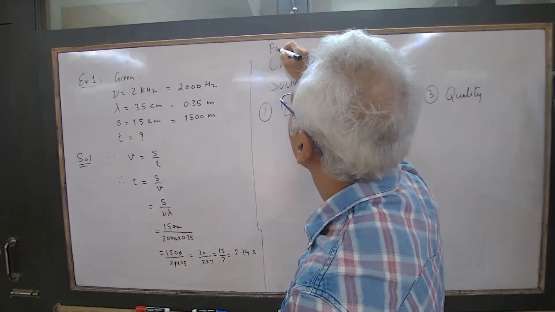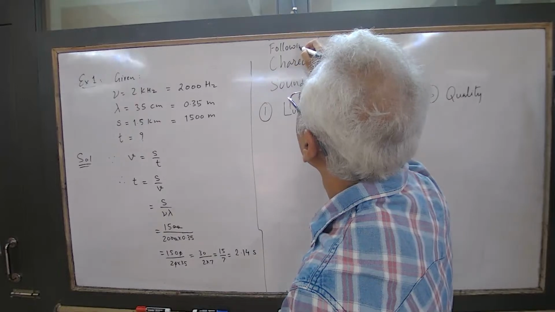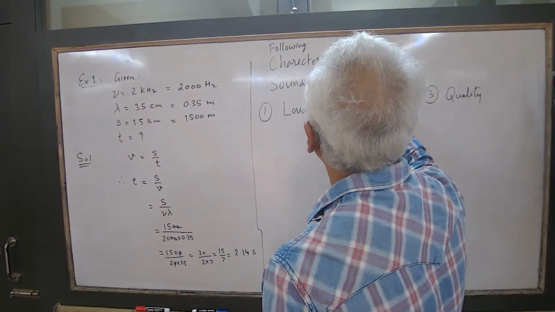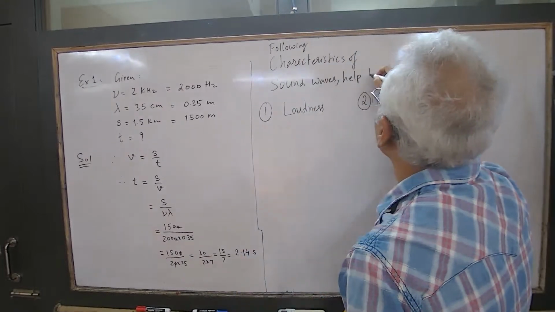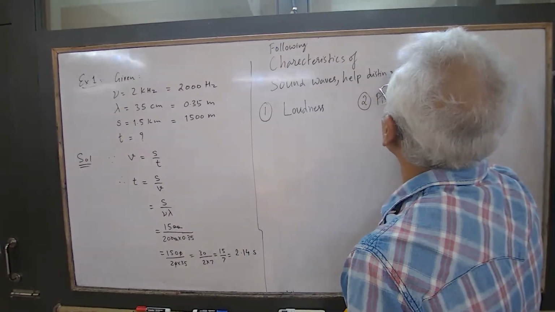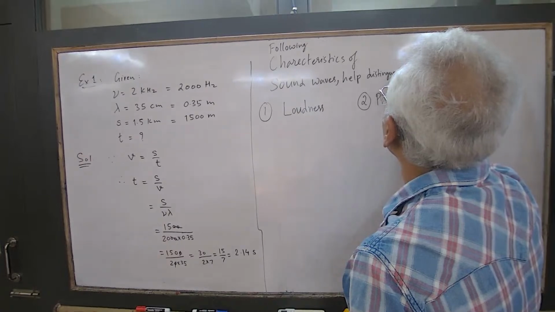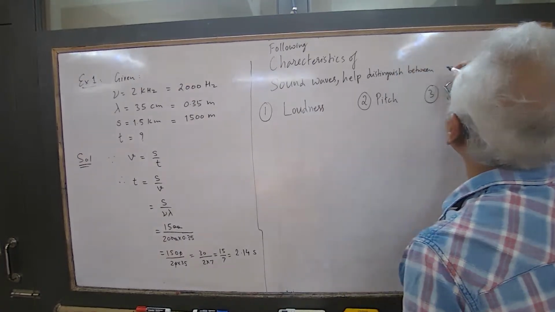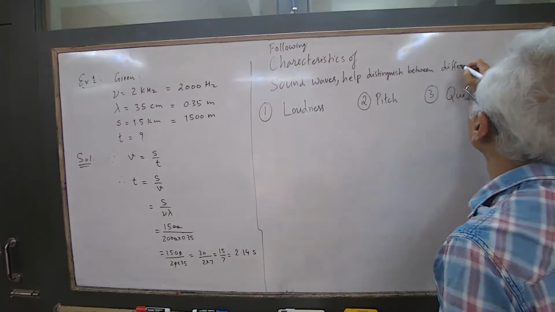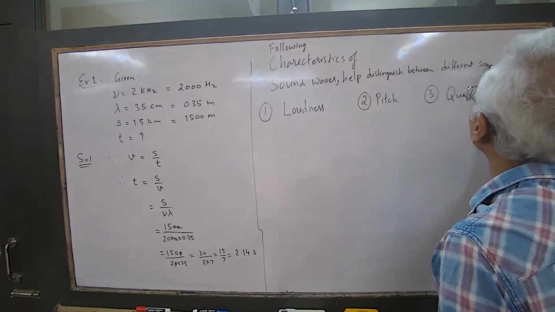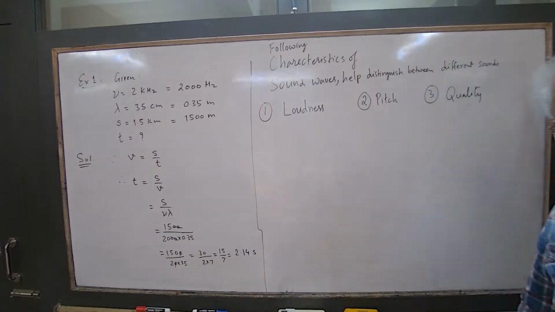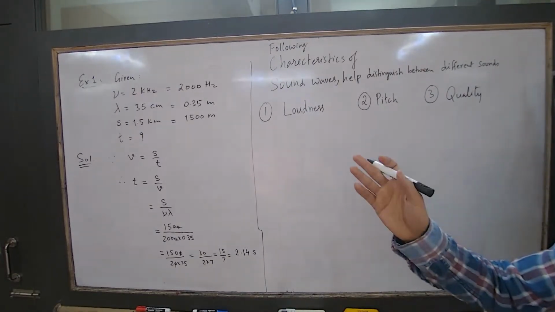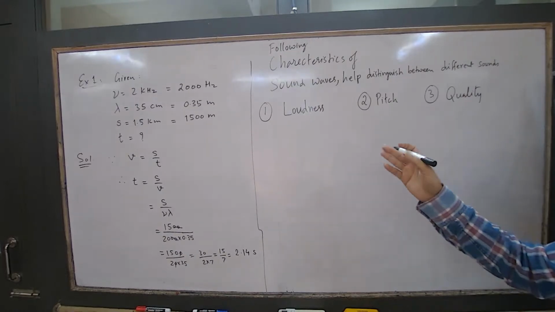So the following characteristics of sound waves help distinguish between different sounds. You understand why we need these characteristics? So different sounds will have different levels of loudness, pitch and quality.